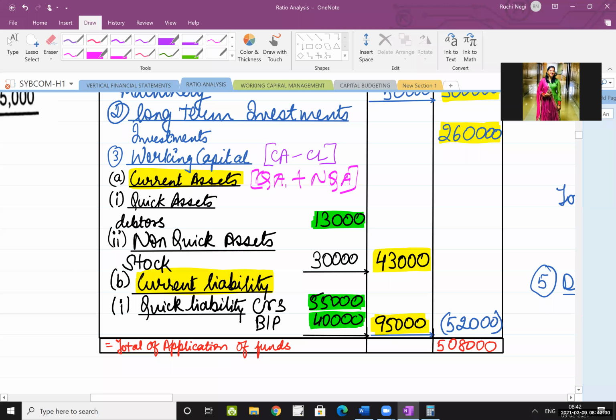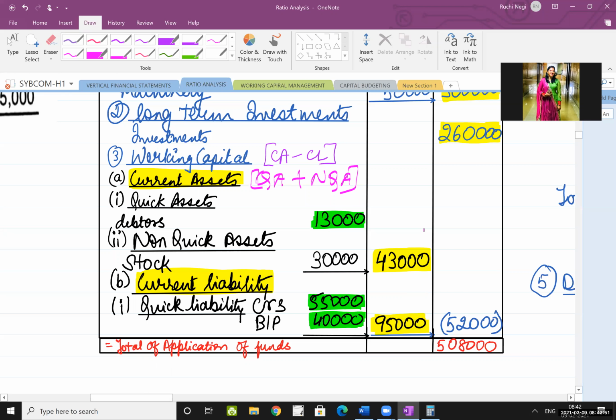Then come to current liability. It is quick liability plus non-quick. The quick liability may have what? Creditors and bills payable, 55 and 40. So that makes it 95. And there is no non-quick liability, so don't write it. You can omit that step. Okay.